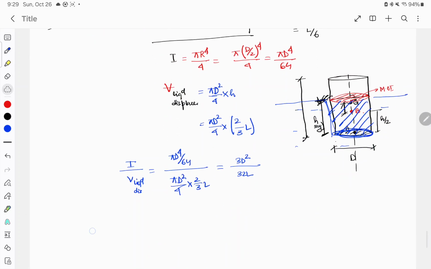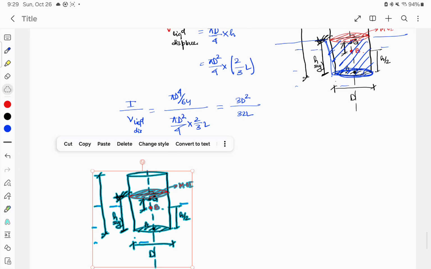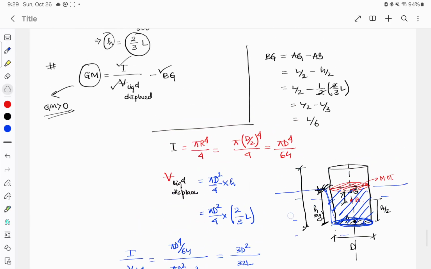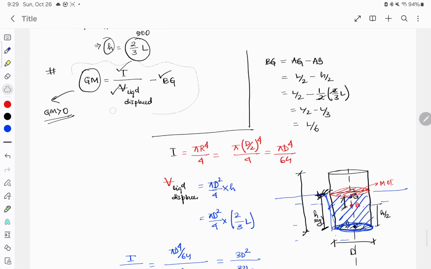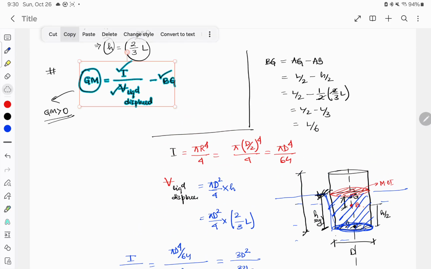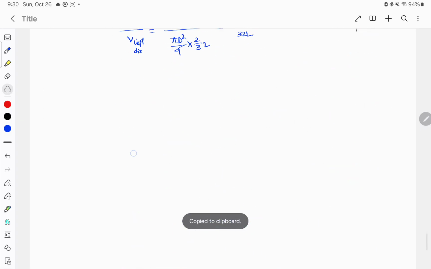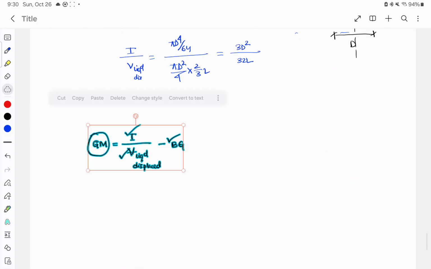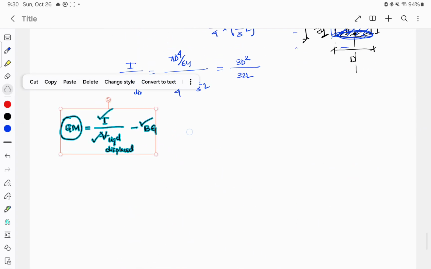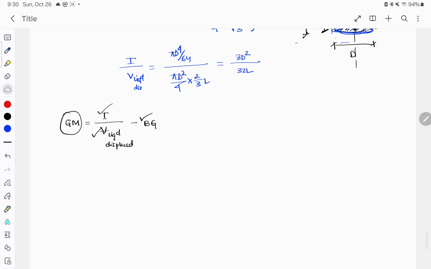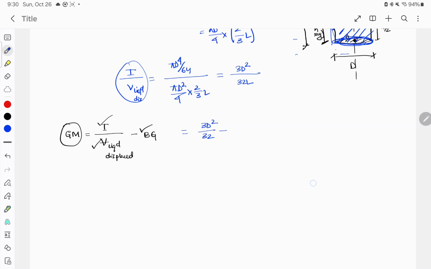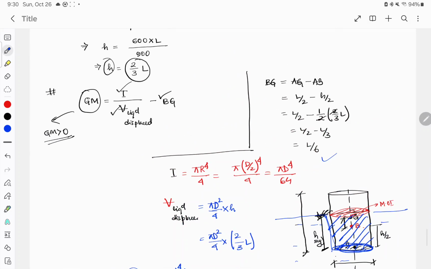I have already got I by liquid displaced as 3d square by 32L minus BG, and BG was L by 6.